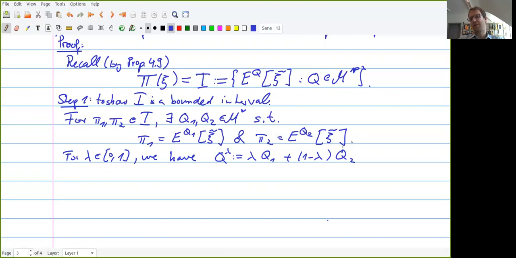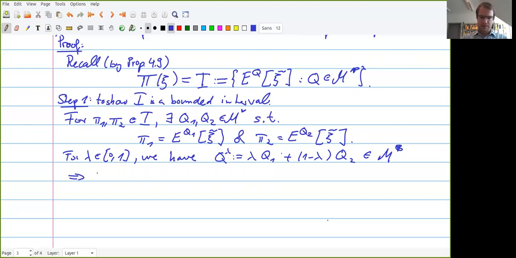This new measure is an equivalent measure, and it keeps the martingale property, because Q1 and Q2 are equivalent measures and they are both martingale measures. The linearity of all the operations ensures that this is again a martingale measure.